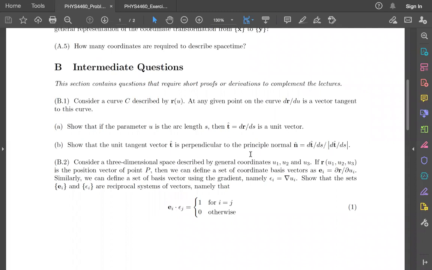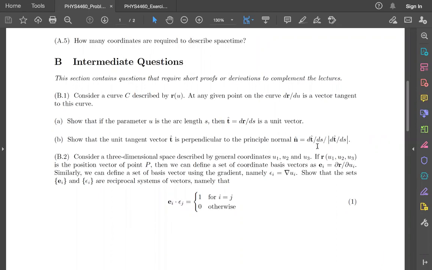My quick hints here: first, recall the test to check whether 2 vectors are perpendicular to each other. The second hint lies here: as you can see from the definition of the principal normal, the derivative of the tangent vector with respect to s is involved.